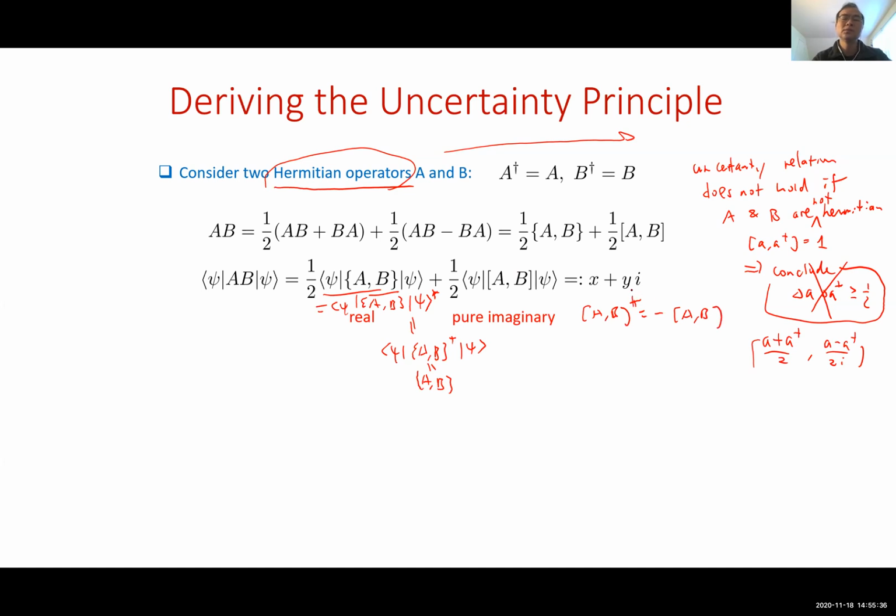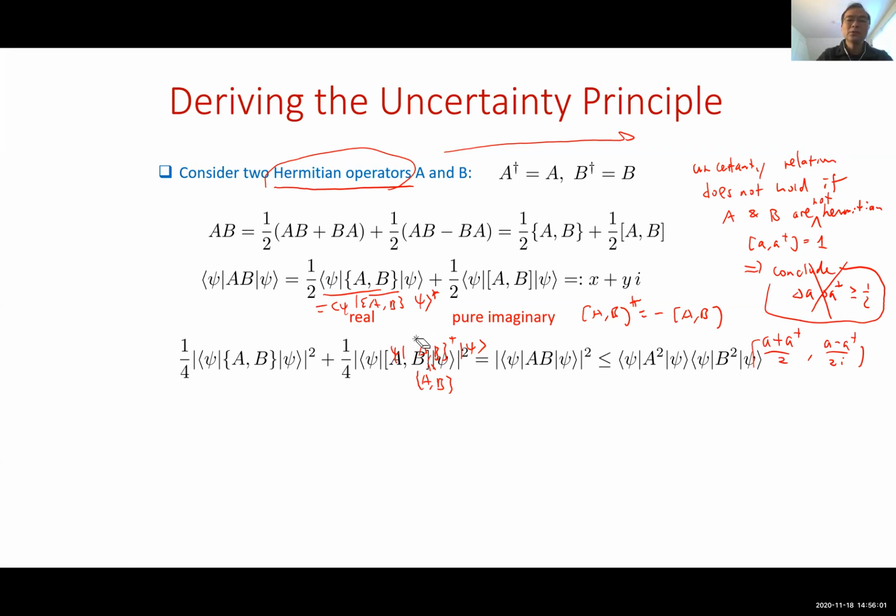Okay. So therefore, you can write this expectation value. As you can see, the product of Hermitian operators need not necessarily be Hermitian, so its expectation value is in general a complex number. You can write the real part and the imaginary part. Let me erase this.